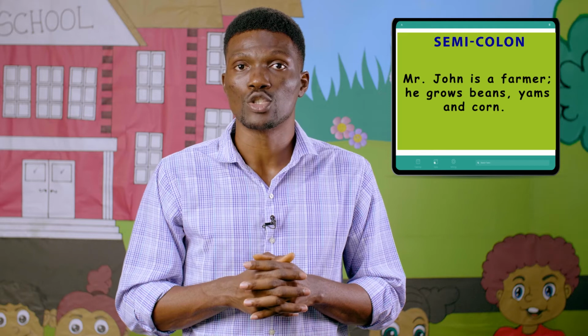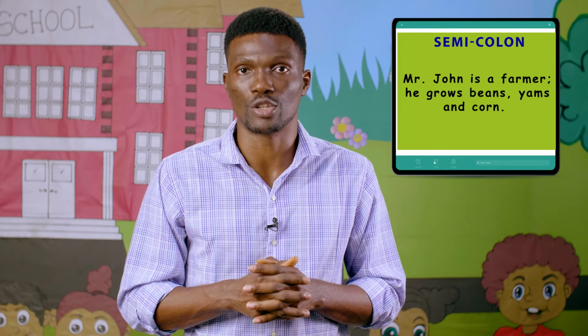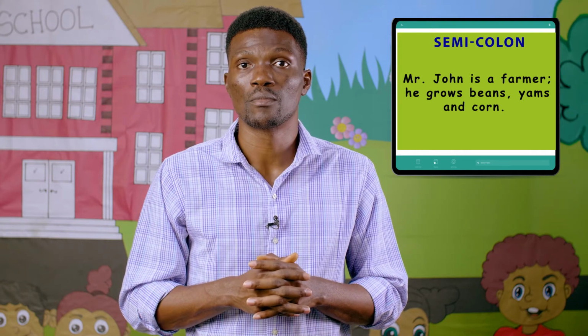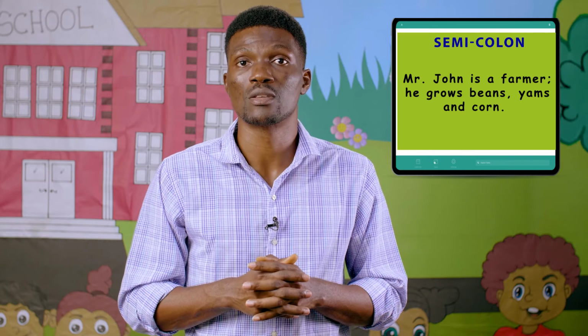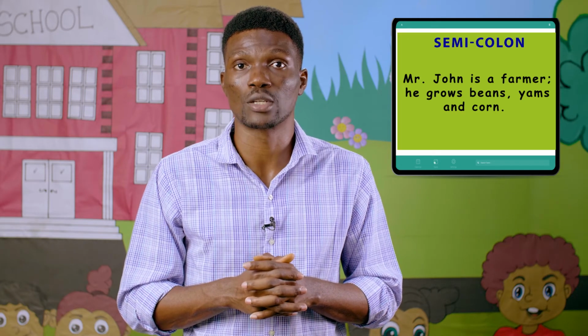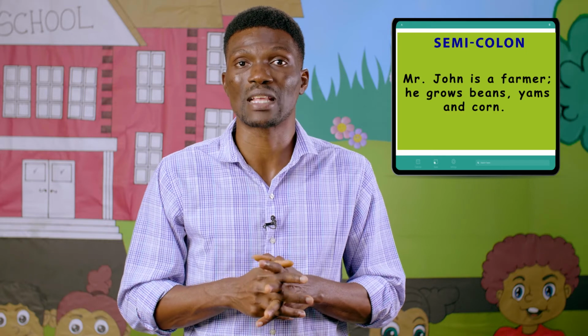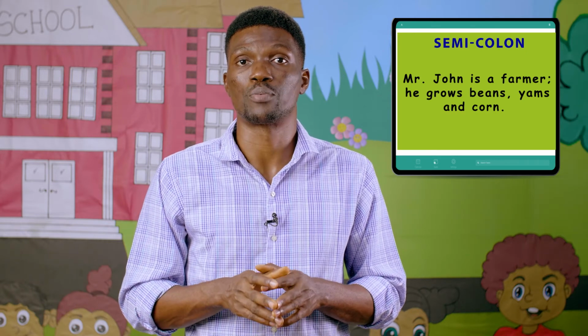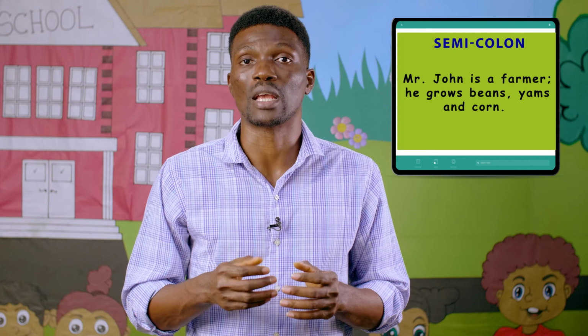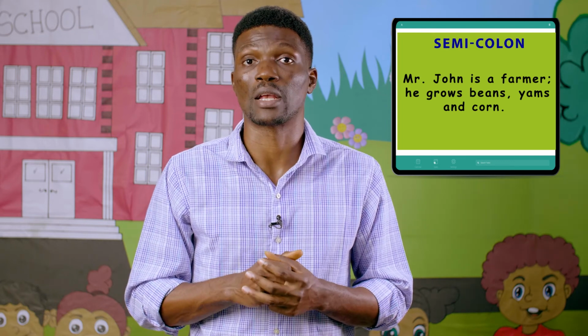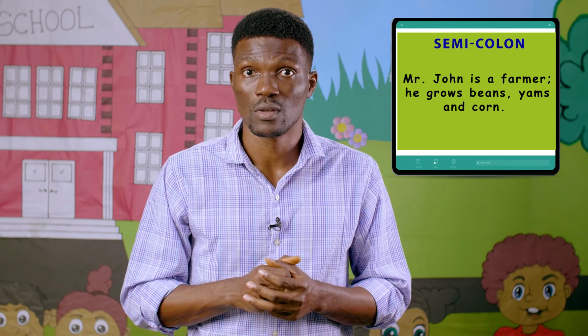If you do not put the semicolon there, you would have committed a blunder. It becomes a run-on sentence, and that's a grammatical error. Some students make the mistake of putting a comma instead of a semicolon. That's not how a comma is used.